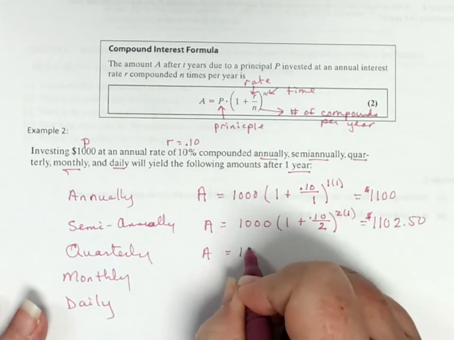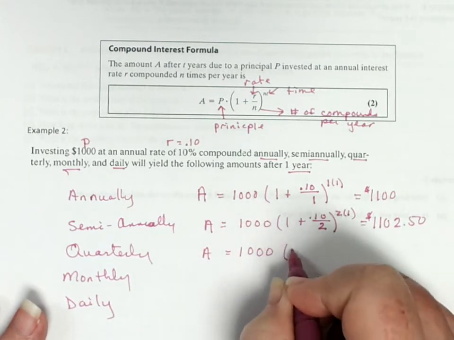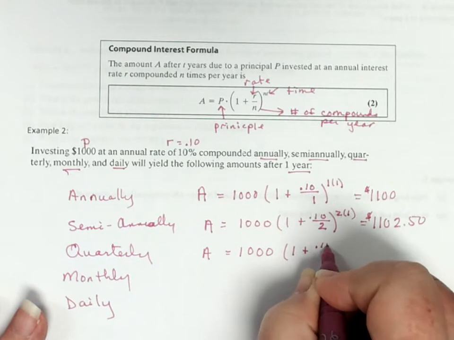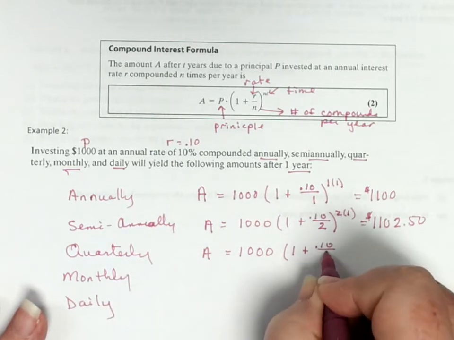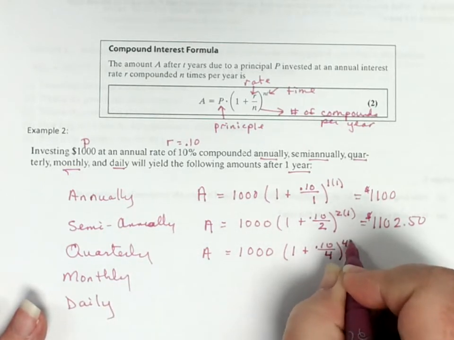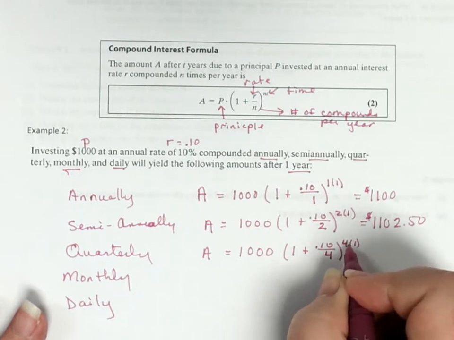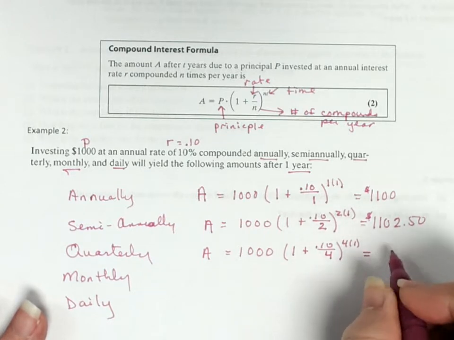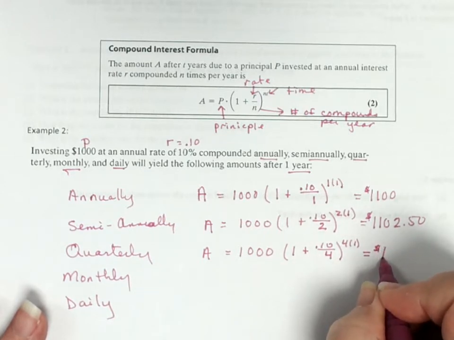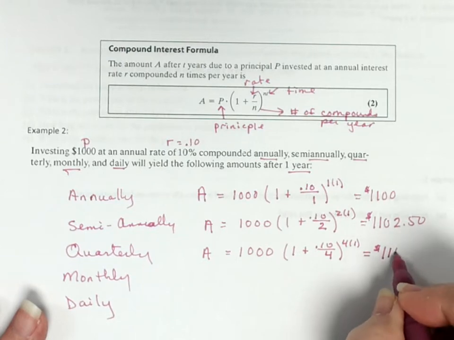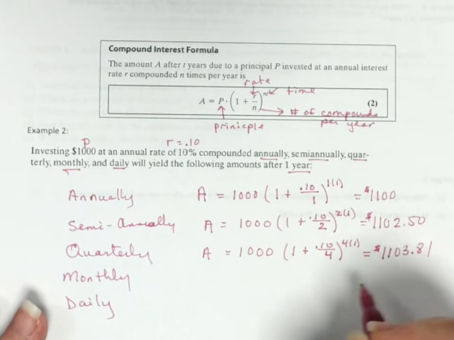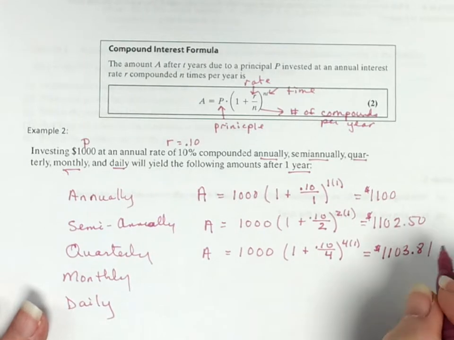Quarterly, same formula, same principle, 1 plus the same rate, only quarterly compounds 4 times per year. So we replace both ends with the number 4. That's going to give me $1,103.81. Are you noticing a trend?